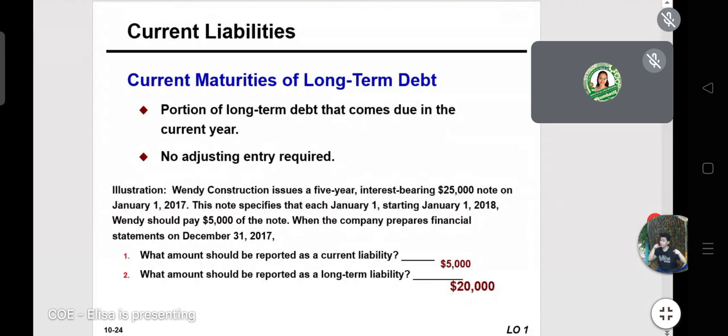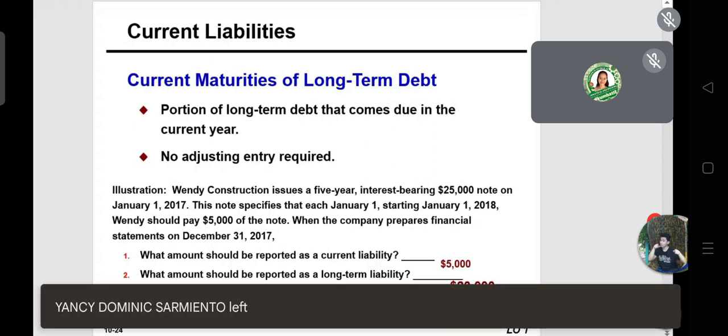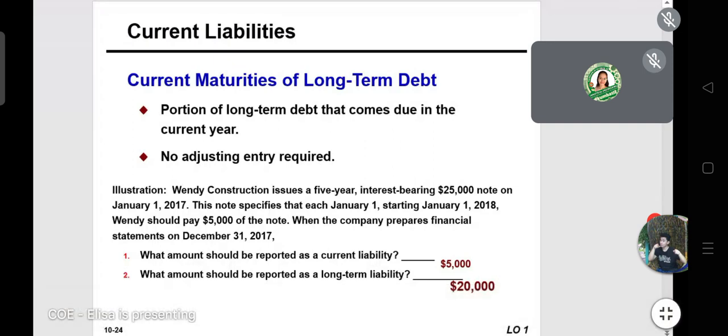So this will inform the reader, the stakeholders, that there is 5,000 worth of long-term debt payable by next year. Out of the 25,000, 5,000 of that will be payable next year. So it is placed under current liability, and then the 20,000 will remain as long-term debt.